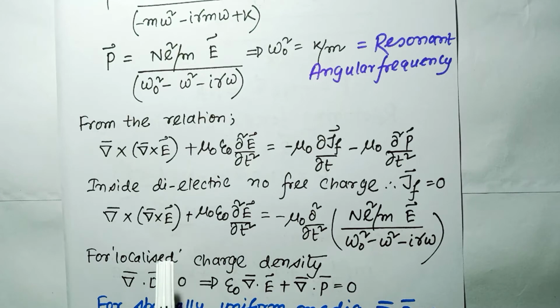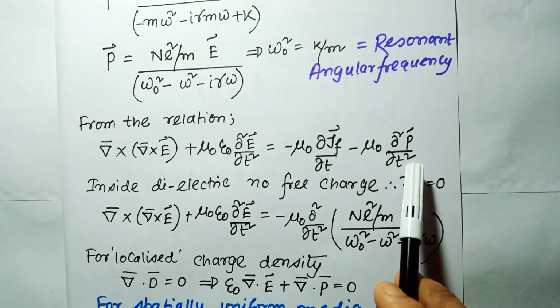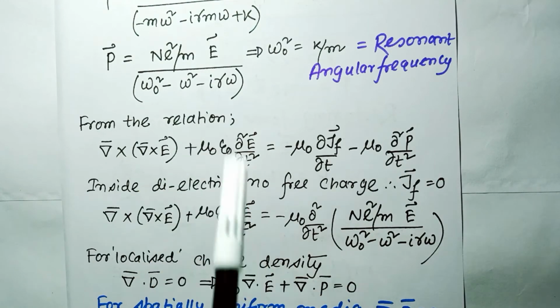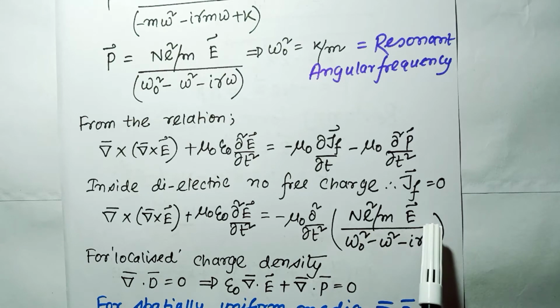So the curl of curl of E plus mu naught epsilon naught del 2 E by del t2 is equal to minus mu naught del 2 P by del t2. I have written the value of the polarization vector from here. So it becomes del 2 by del t2 times N squared by m times the electric field divided by omega0 squared minus omega squared minus i gamma omega.